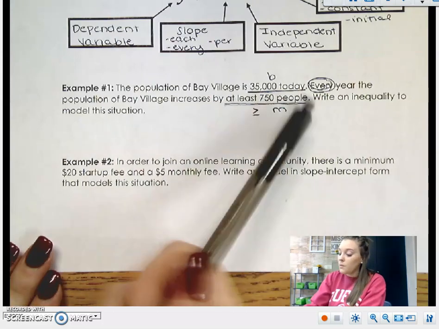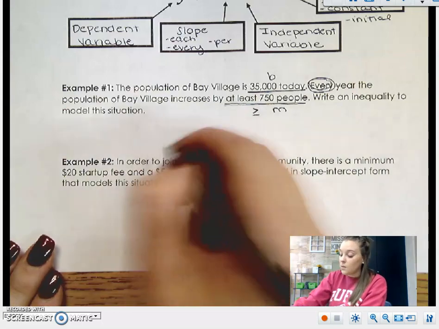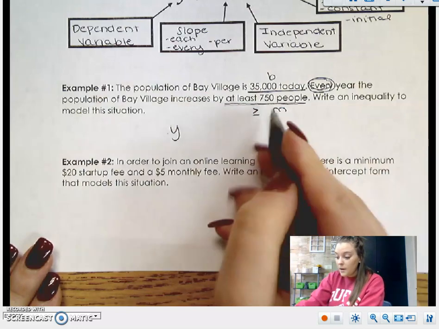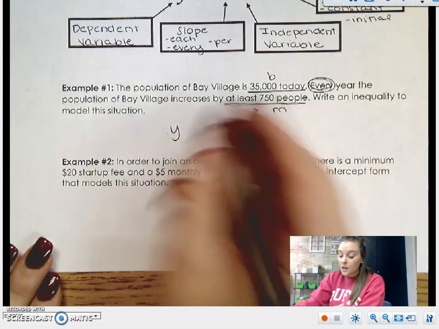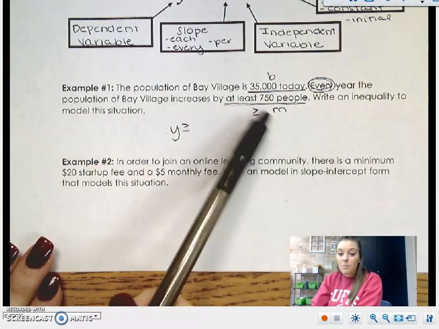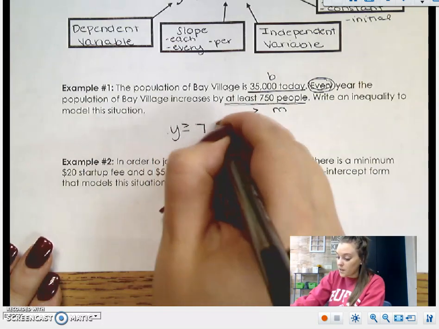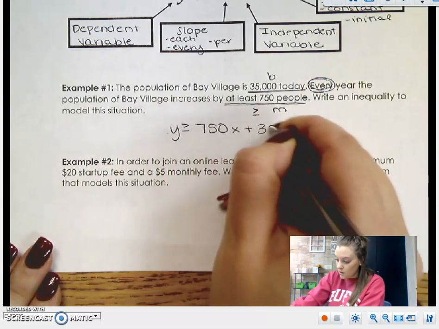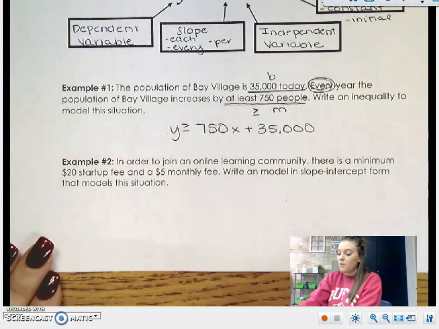So slope-intercept form, we only have one rate, so I know I'm using y equals mx plus b. So I have y. This keyword at least tells me I need to use the greater than or equal to symbol. m, 750, x plus 35,000.